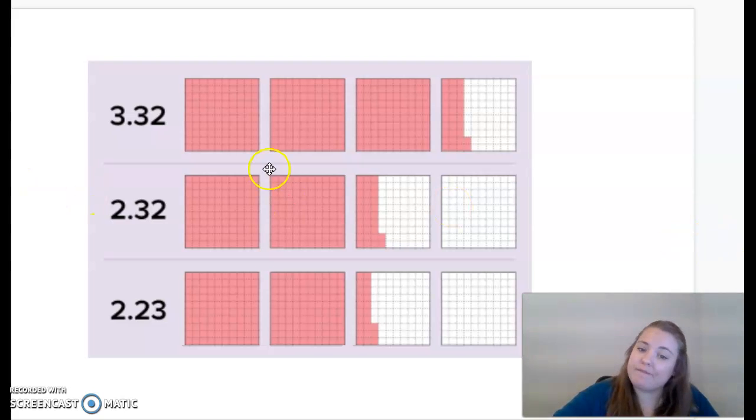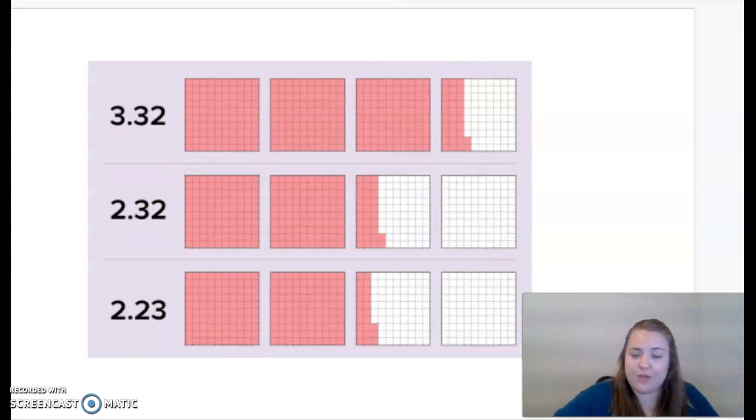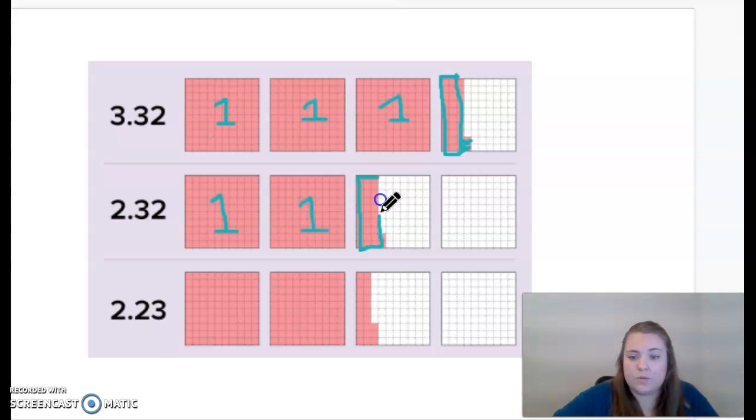So remember, for 3 and 32 hundredths, we have 1, 2, 3 wholes, 3/10, 10, 20, 30, 31, 32 hundredths. For 2 and 32 hundredths, we have 1, 2 wholes completely shaded in, 10, 20, 30, 31, and 32.